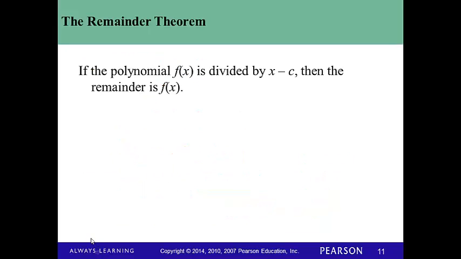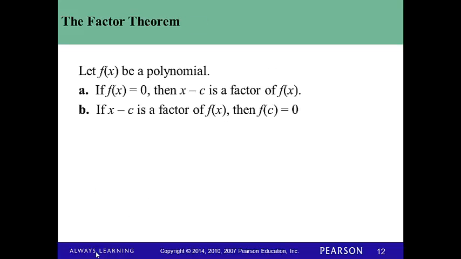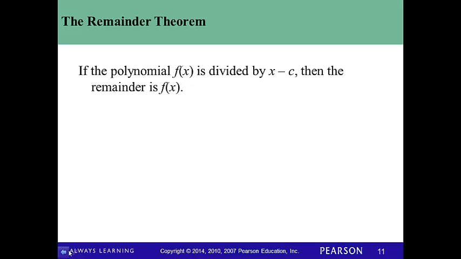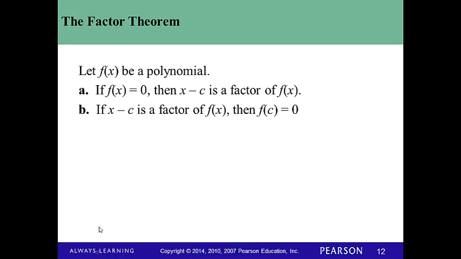All right, so now we can talk about the remainder theorem. If the polynomial f of x is divided by x minus c, then the remainder is f of c. The factor theorem. Let f of x be a polynomial.